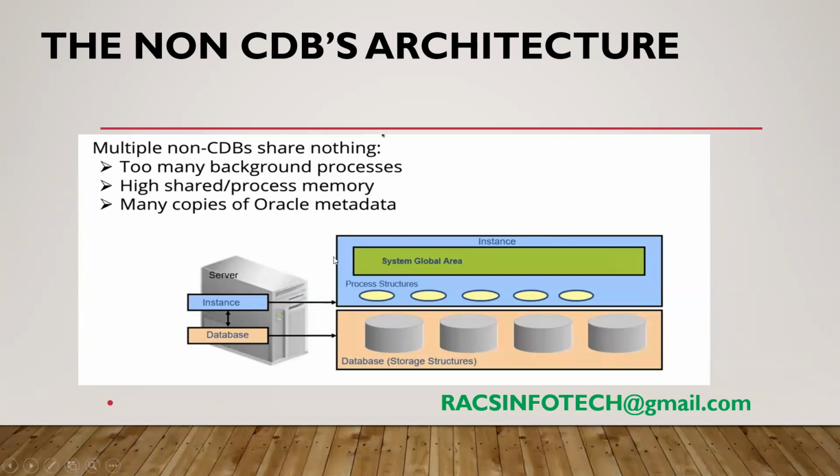We are not going to shut down and start up this part; we are going to shut down and start up this part. If it is up and running, only then are we able to access this. If it is down, we cannot access it. If it is up, we can access this database. That is why we shut down and start up the Oracle instance only. We do not shut down and start up the database, because there is no such concept for this part.